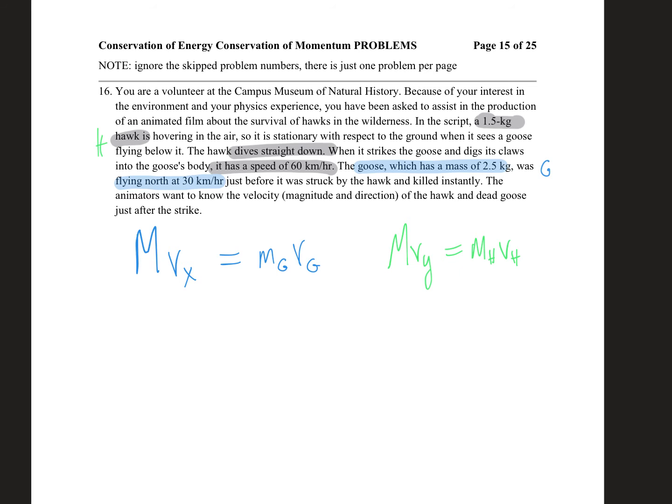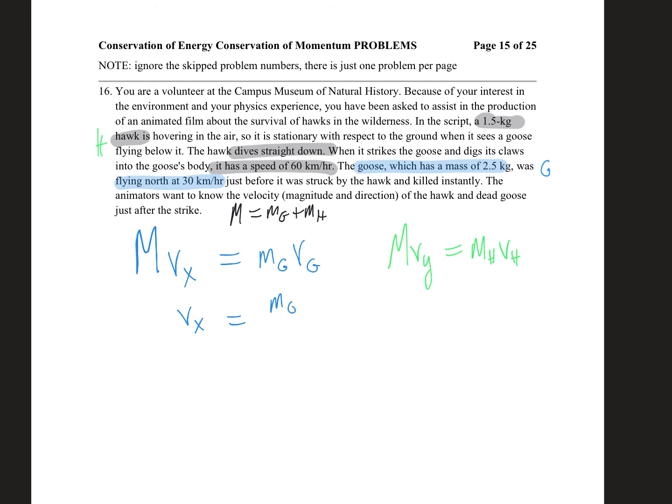So the combined mass, we could say M equals mg plus mh. So they will stick together, so to speak, when that hawk grabs it. And so we can get from that the two speeds.